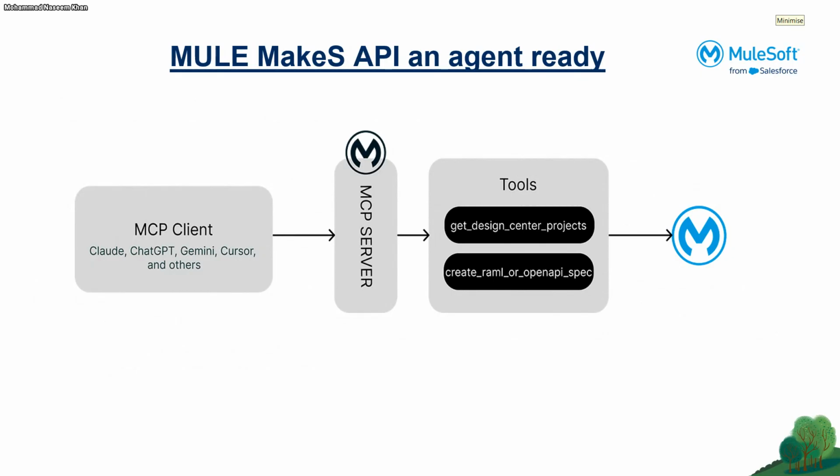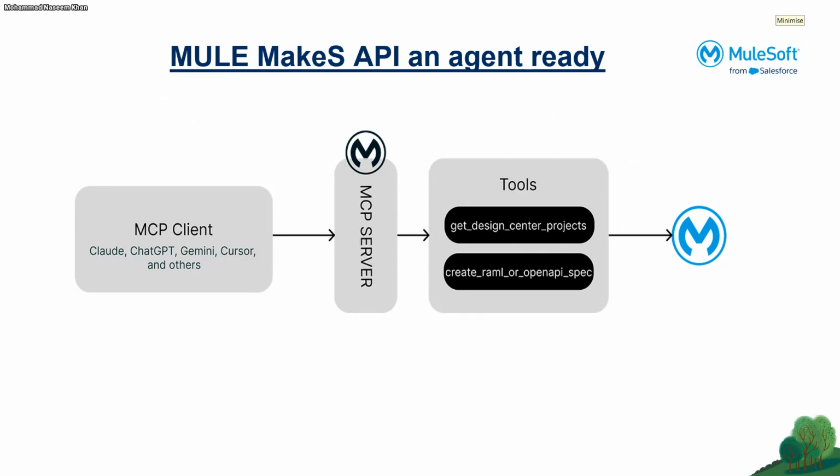So we have two flows. In this case, I have developed two flows, get design center projects, connecting our organization's Design Center to my Anypoint Studio API. So this get design center is one tool. One flow can be considered as one tool.